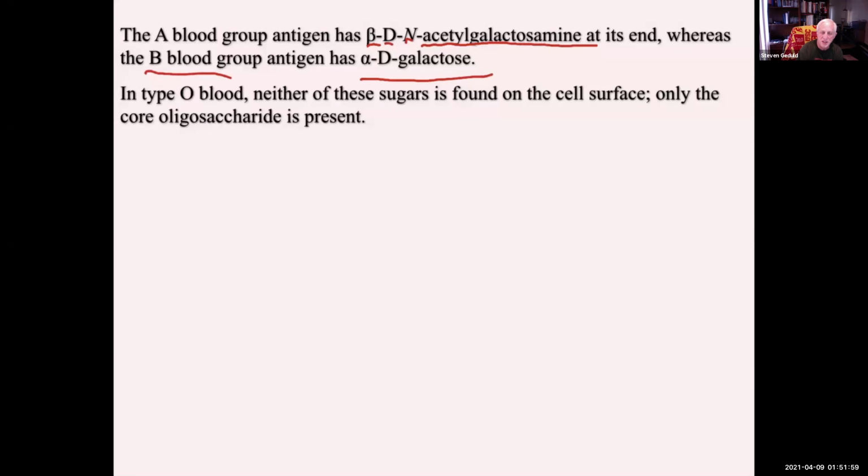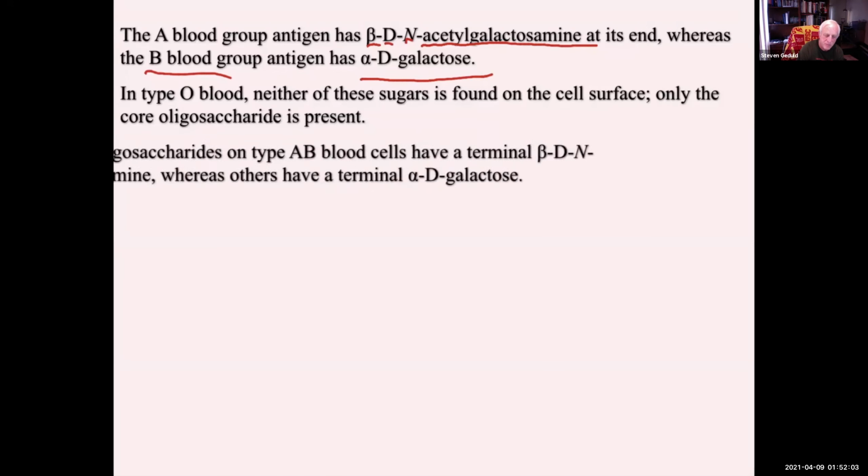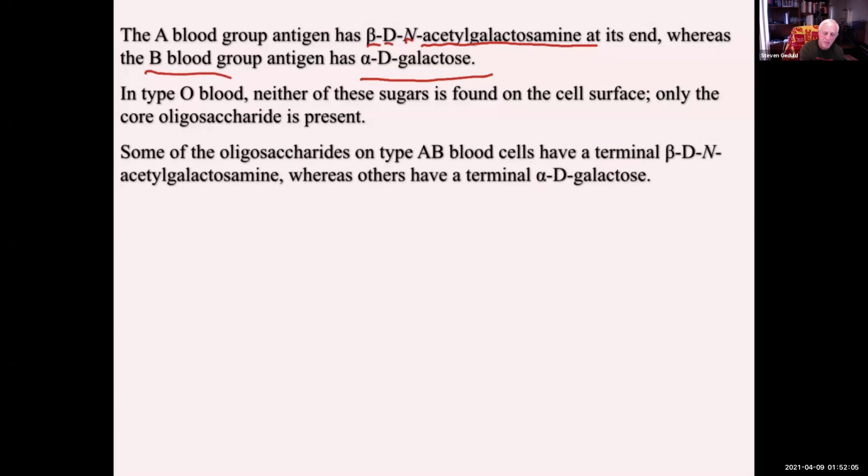Only the core oligosaccharide is present, so there's no end marker on it to identify it as A or B. Some of the antigens on type AB blood have the beta-D-N-acetylgalactosamine terminal, whereas others have the alpha-D-galactose. So A has a specific type, B has a specific type, O has none, and AB has both arranged on the blood cell. So why does agglutination occur?